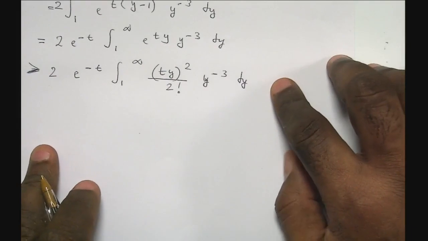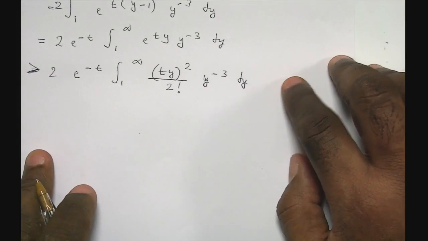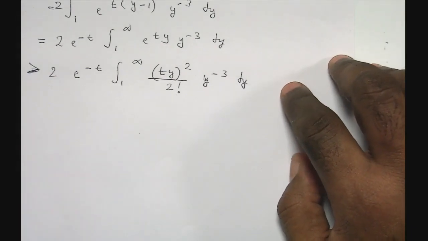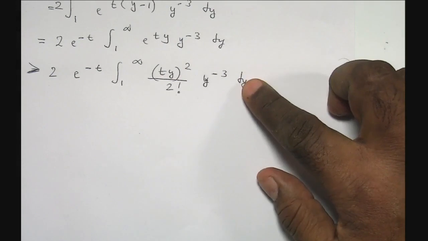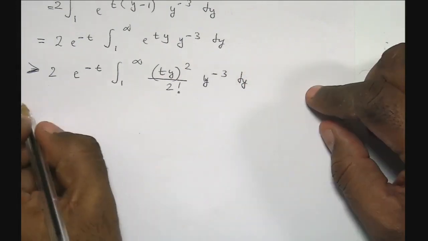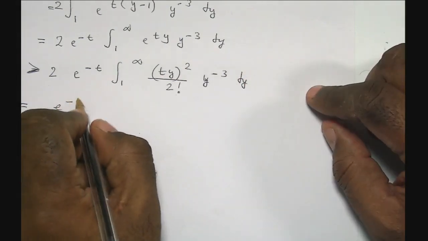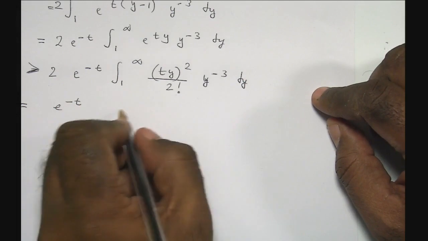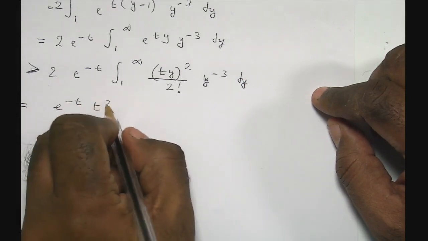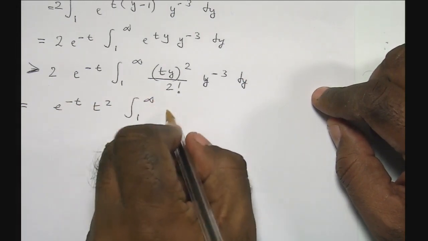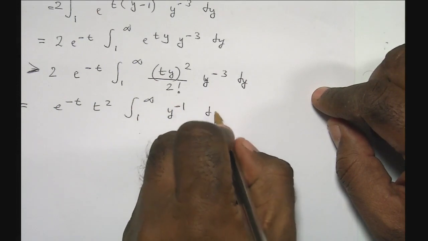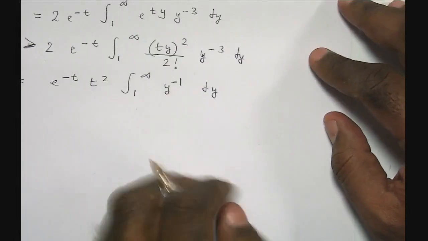This becomes greater than this. Okay. So this is e to the minus t squared, integral 1 to infinity of y to the power of minus 1.